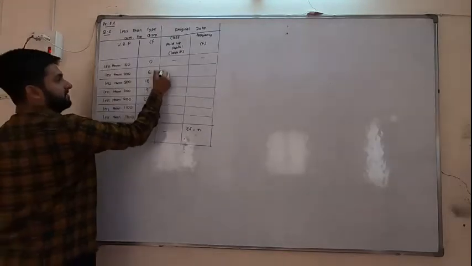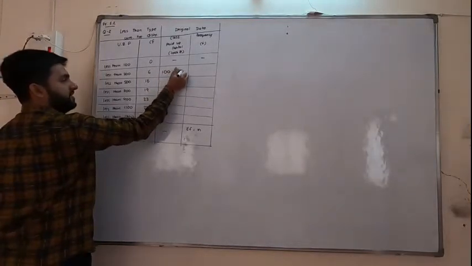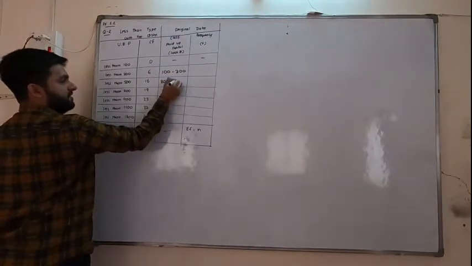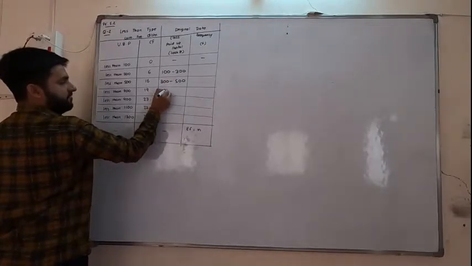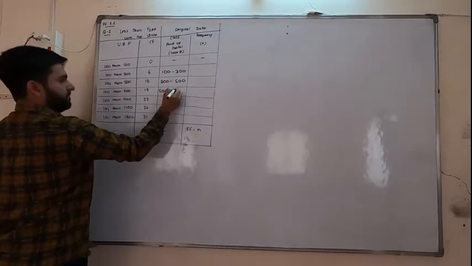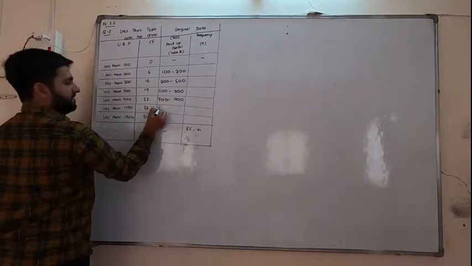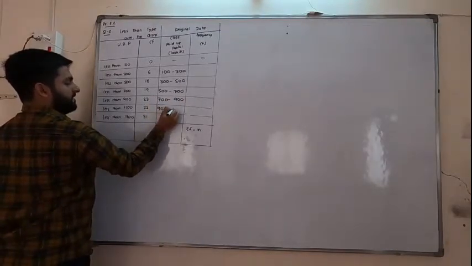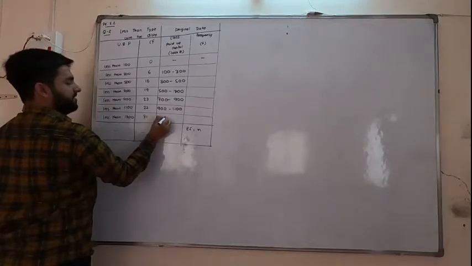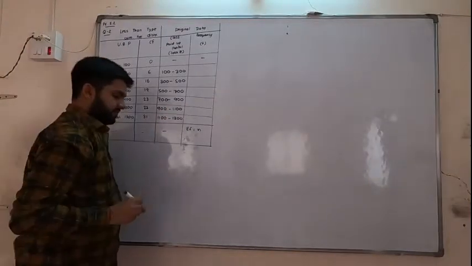From the second: 100 to 300, 300 to 500, 500 to 700, 700 to 900, 900 to 1100, 1100 to 1300.